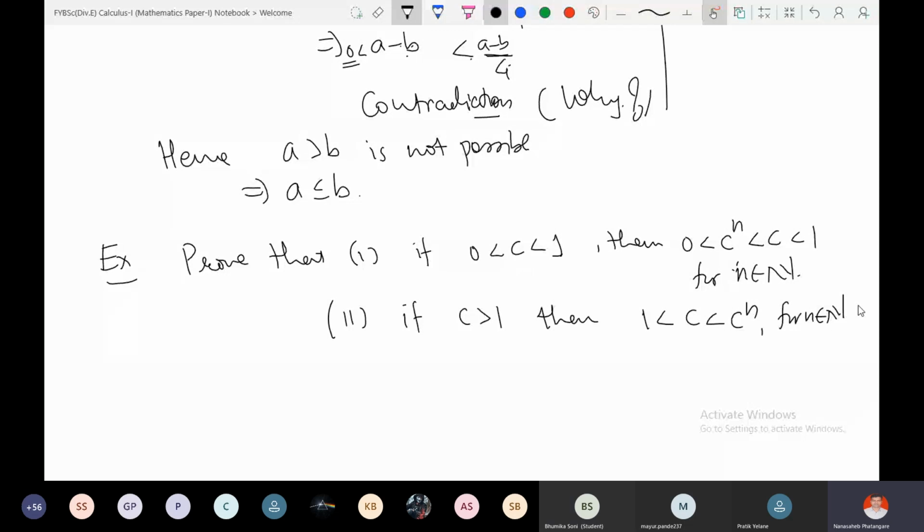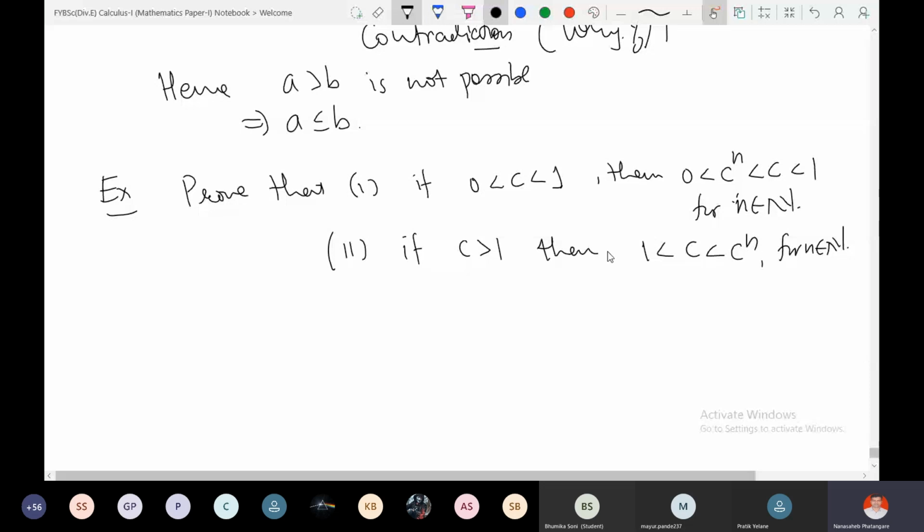So this you can prove by induction on n. And this is not very difficult to prove, because induction works in this case, and you may use the strong form of induction. Basically, let us prove the first, and similarly you can prove the second.